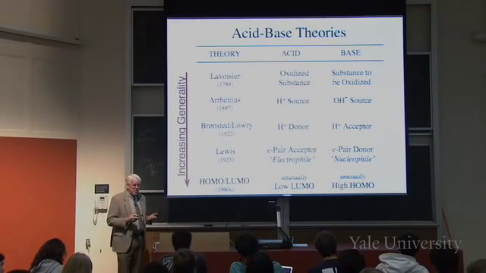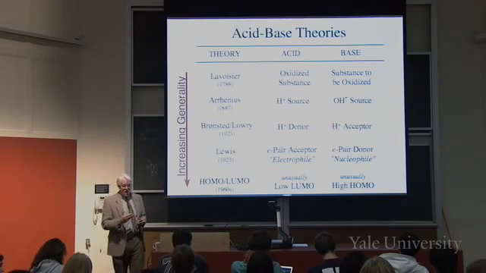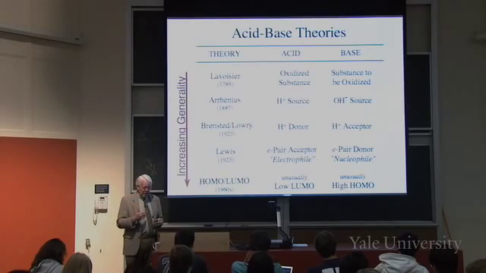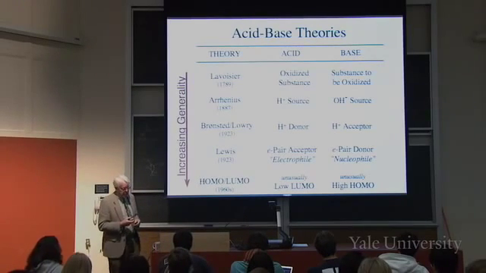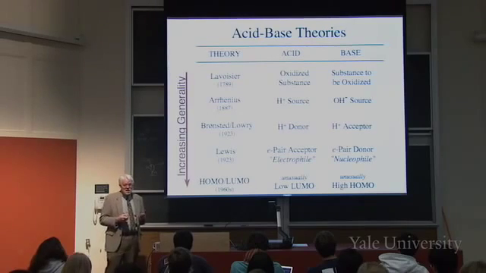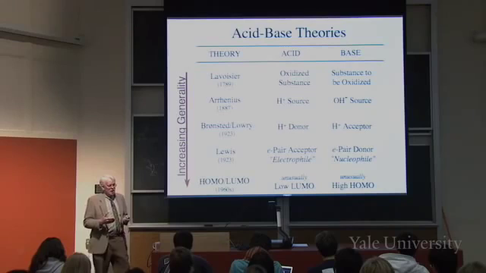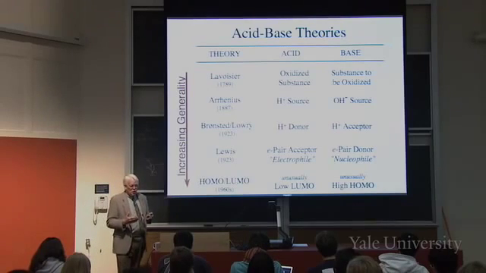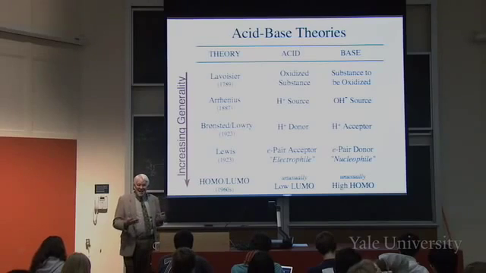And other names for those acceptors and donors are electrophile, something that loves electrons will accept them, and a nucleophile, something that loves a nucleus, is something that will give electrons to it. But in the 1960s, this was generalized finally to where it is now, that an unusually low vacant orbital is something that can accept electrons.